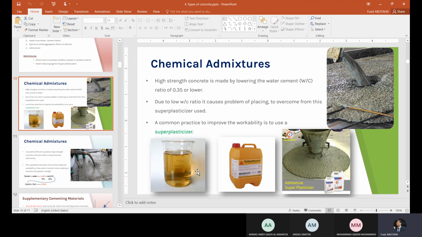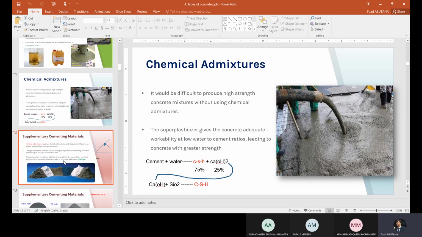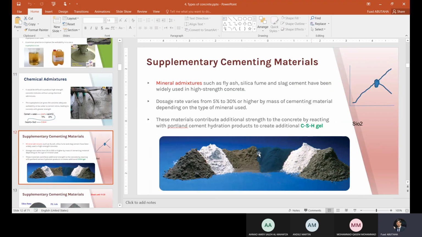We add a small dosage to the mix, but here, the mineral admixtures, when we need to use them, can be used as a cement replacement at different replacement levels, ranging from 5 up to 30% of the cement by weight normally.